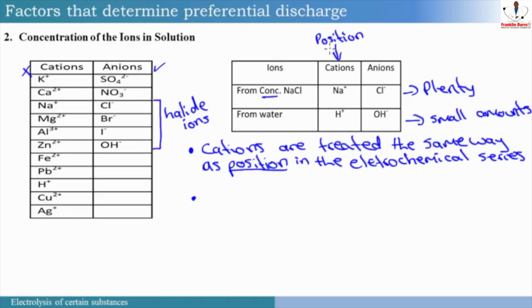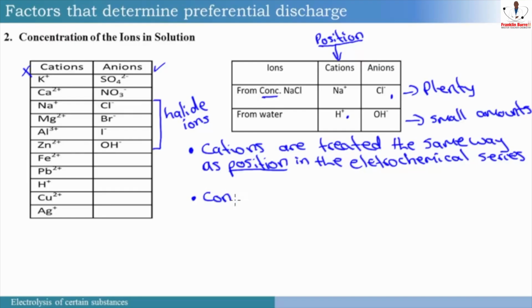So in the cations, H would come off in preference to Na because H is lower than Na. In case now of the anions, because the Cl minus is in greater amounts because it is concentrated, the Cl would come off in preference to the OH minus.